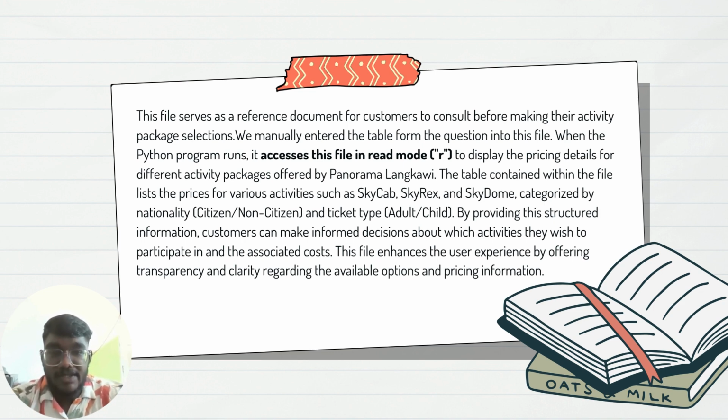By providing this structured information, customers can make informed decisions about which activity they wish to participate in and the associated cost. This file enhanced the user experience by offering transparency and clarity regarding the available options and pricing information.